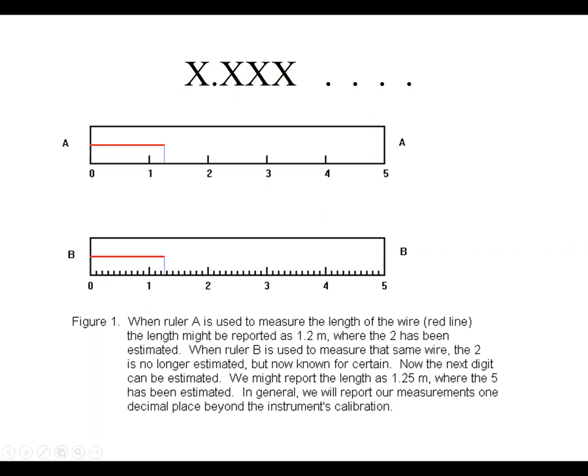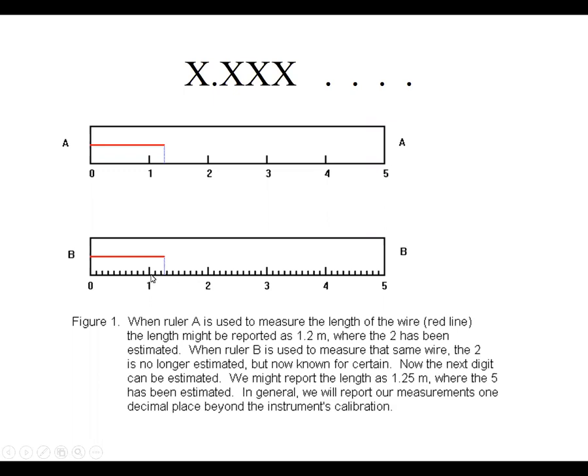But notice that the number of significant figures you can report in a measurement depends on your measuring device. Some measuring devices are more precise than others just by their nature, by the way they're made. So look at ruler B. Ruler B has these small tick marks in between the larger integer marks.